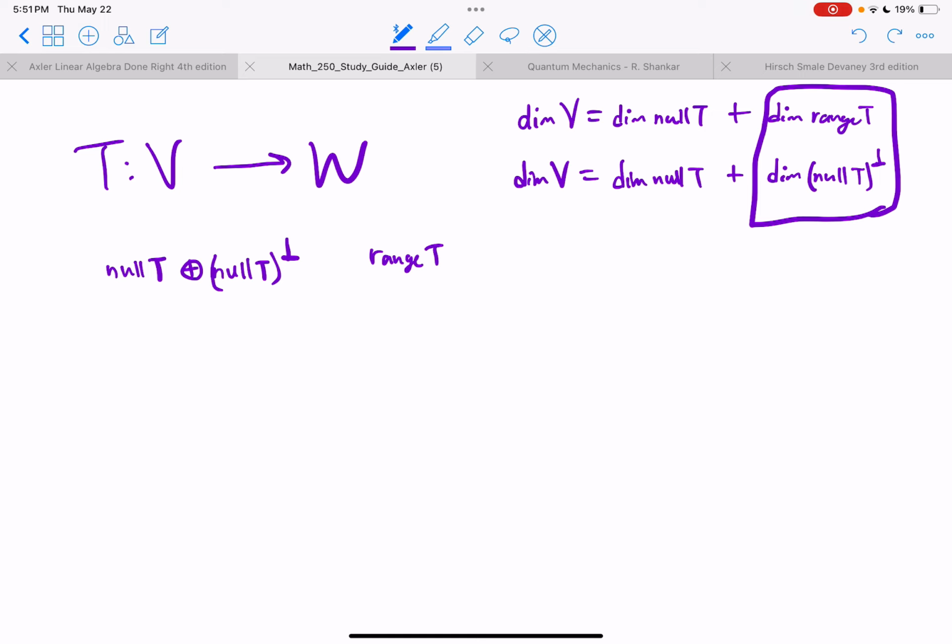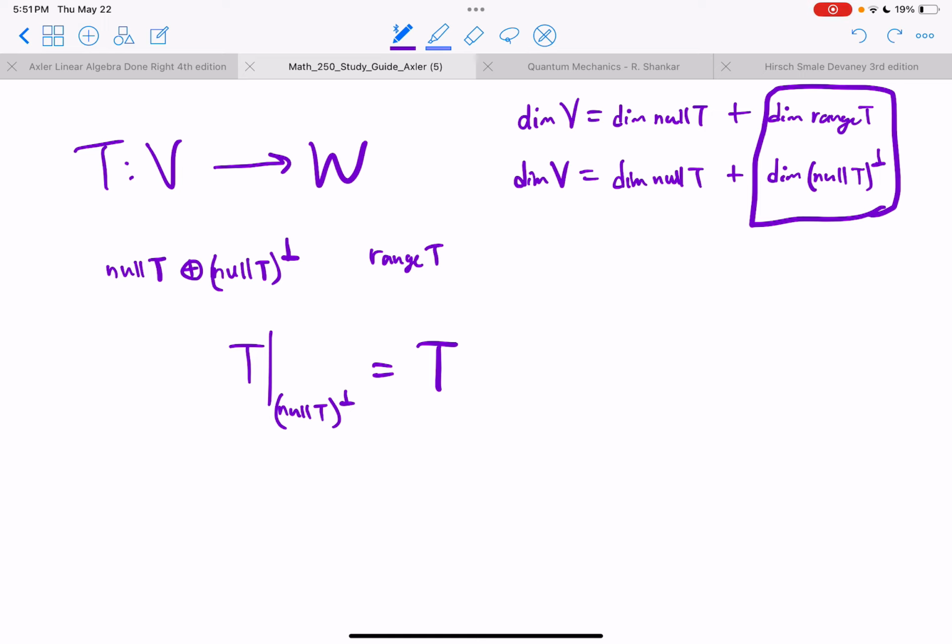So you remember that if we restrict, so certainly we can restrict T to the null space of T perp. Okay, that just means this is just the map T, but now we're going to only feed it vectors in here.